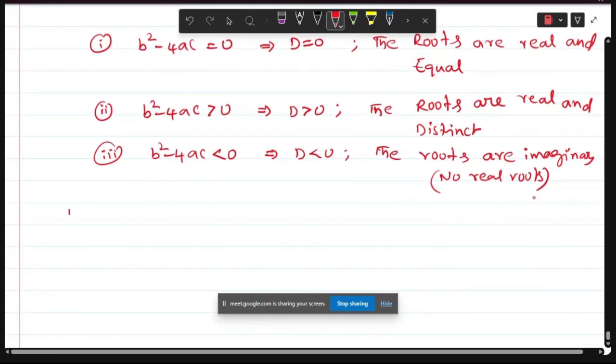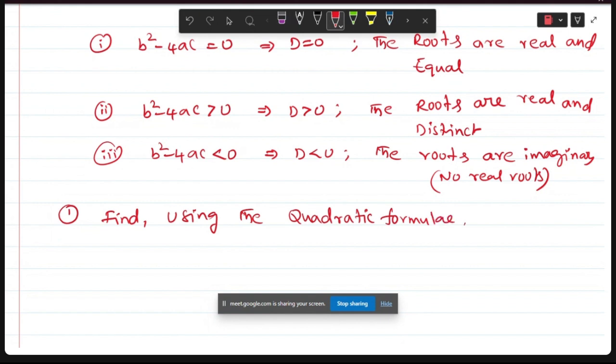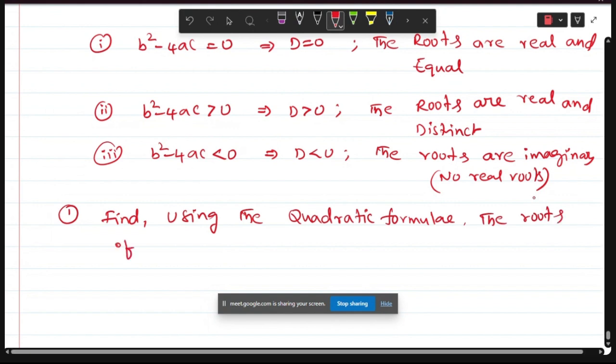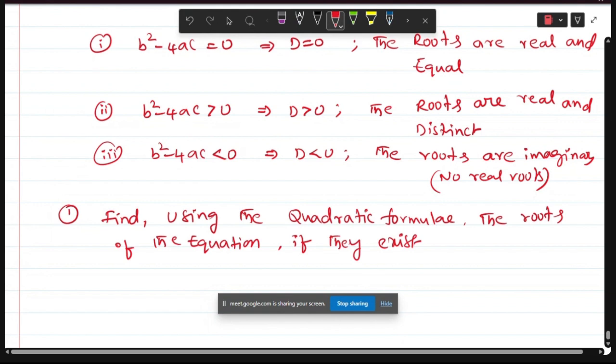First question: find, using the quadratic formula, the roots of the following quadratic equations, if they exist.